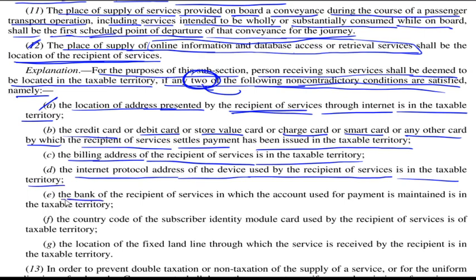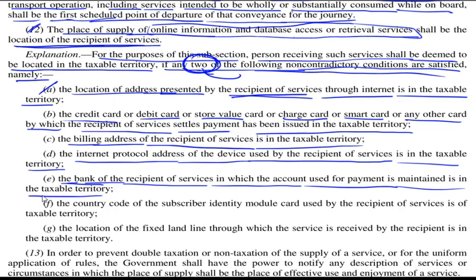Condition E: bank of the recipient of service in which the account used for payment is maintained is in the taxable territory. Condition F: country code of the subscriber identity module card used by the recipient of service is of the taxable territory.